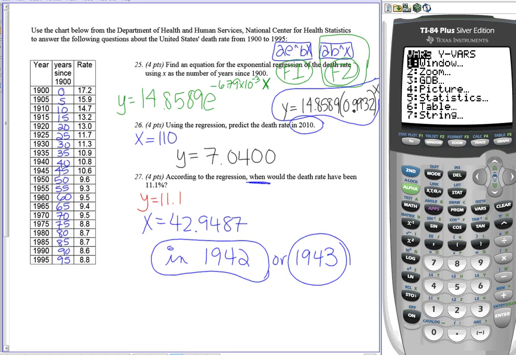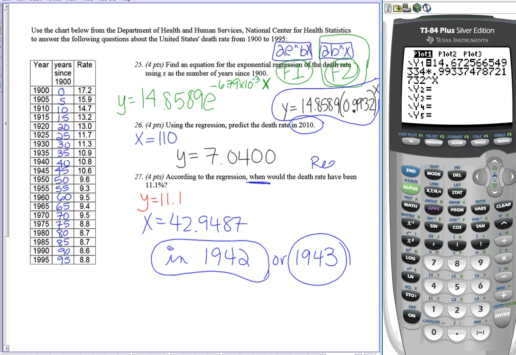I go to statistics, and then scroll over twice to get to equations, and number 1 is RegEQ for regression equation, and if I hit that, it will paste my equation. You can do the same type of thing on different models of TI. The other thing, if you had the pretty print screen on some of your calculators, it asked you where you wanted to store the regression, and it gave you the option of Y1 or Y2. You could do that as well.